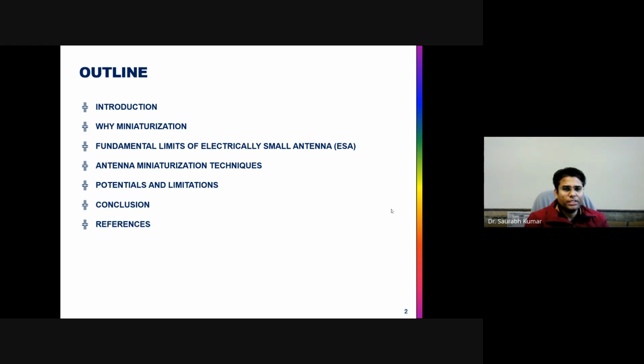Then some miniaturization techniques available in the literature, both the basics and modern techniques. Then some research carried out in our group, followed by a comparison, and finding the potential and limitations of the different techniques.